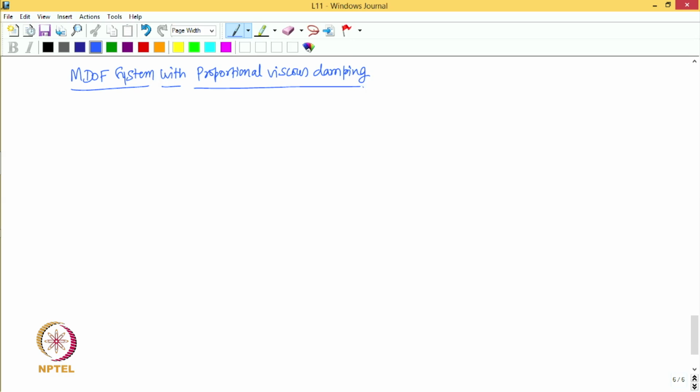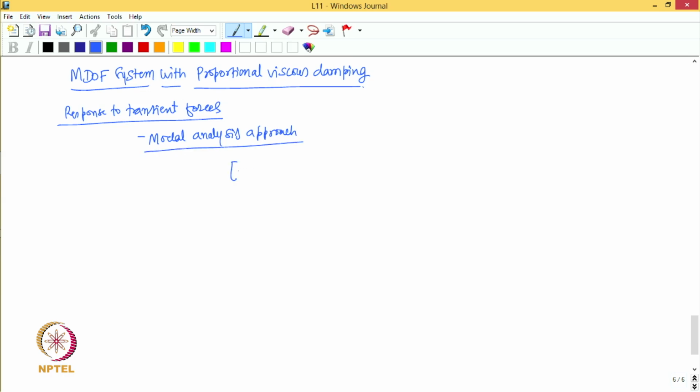And let us find out the response to transient forces. And then we are going to use a modal analysis approach. Okay. We are going to use a modal analysis approach to do that.